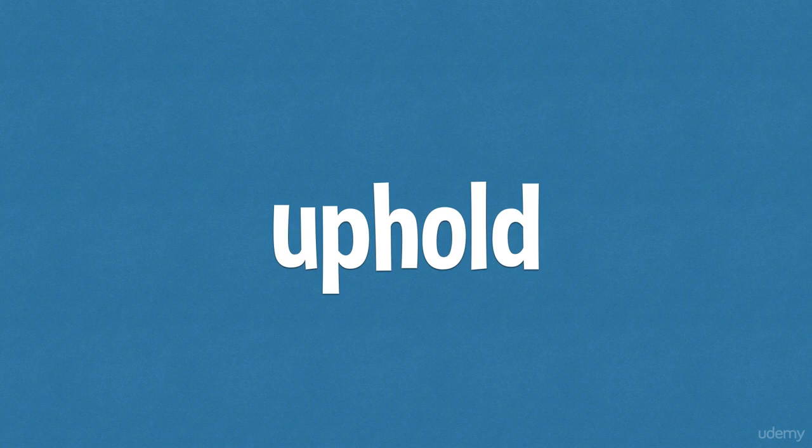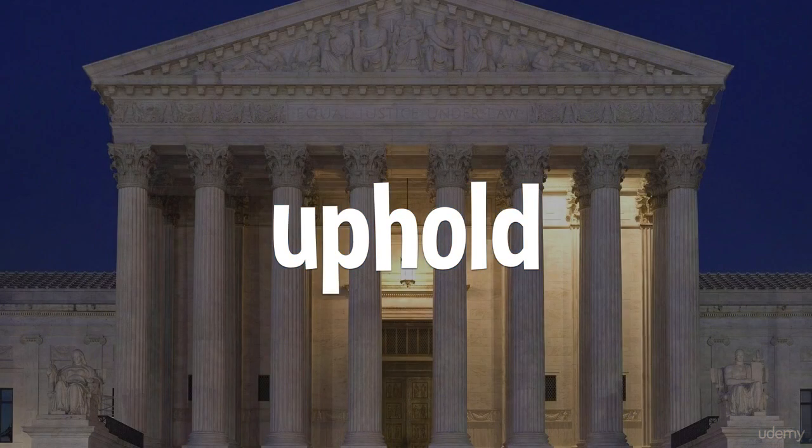Uphold. If you uphold something, such as a law or a decision, then you support it and you maintain it. So if a court of law upholds a legal decision that's already been made, it decides that it was the correct decision. It maintains that law. In America, we have the Supreme Court.